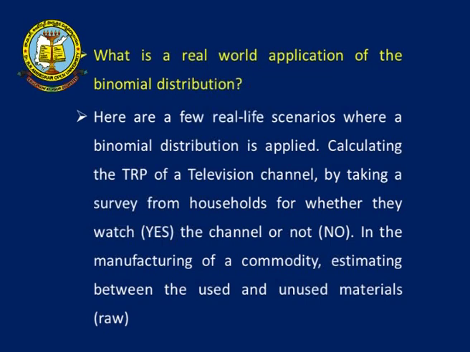The TRP of a television channel is calculated by taking a survey of households on whether they watch some news channel or serials they like, yes for the channel or no. In the manufacturing of a commodity, it is used for estimating between used or unused materials.